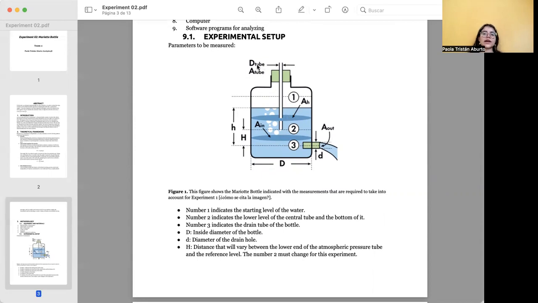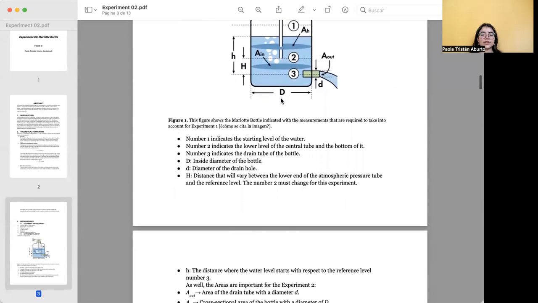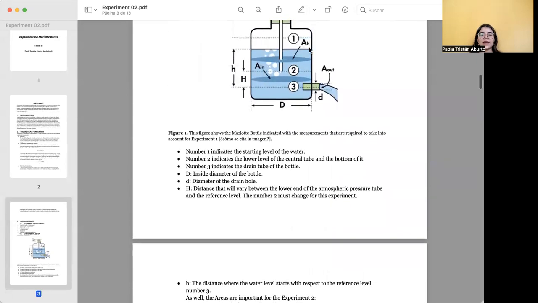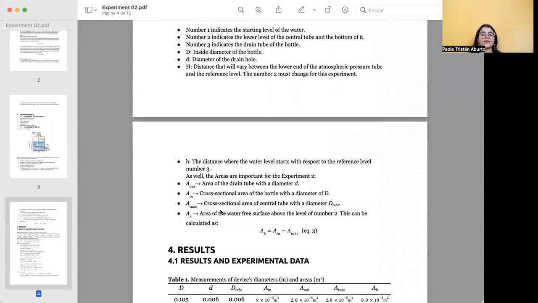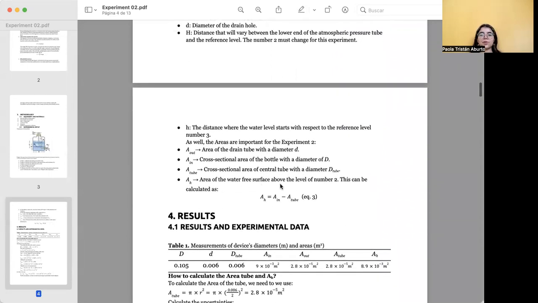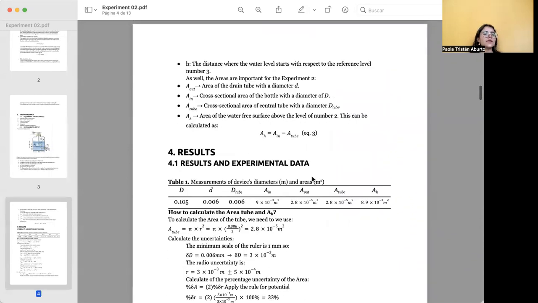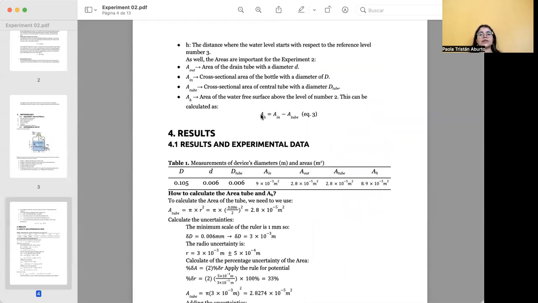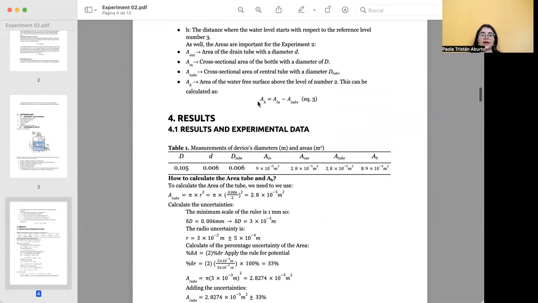Then we add the diameter of the tube and the area of the tube, and also the area H, the area of the water-free surface above the level of number 2, that is calculated by this equation, which is area in minus area of the tube. We have the area H.